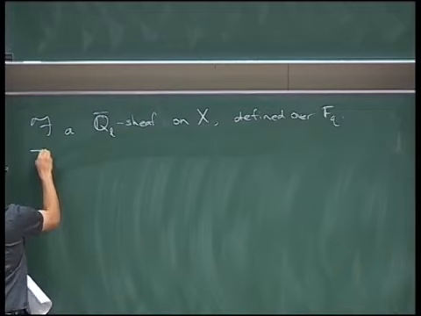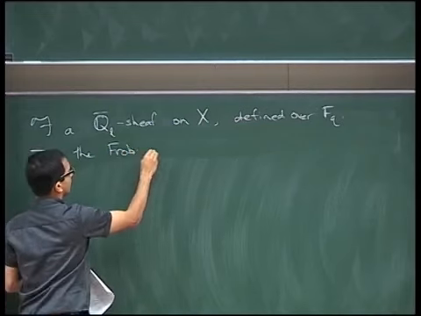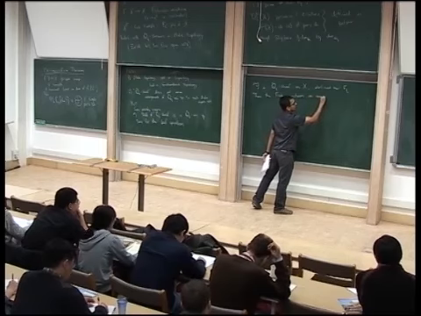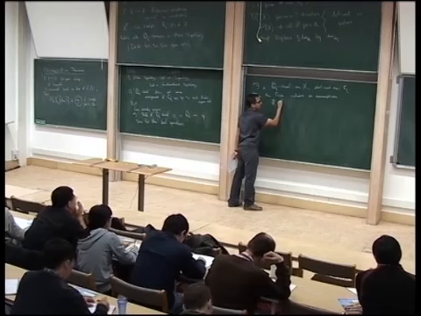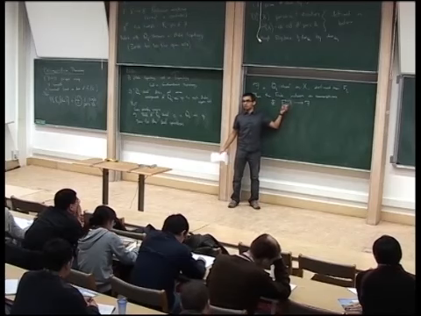Then the Frobenius morphism induces, well, the Frobenius is a morphism from X to X, and script F is a sheaf on X. So you can pull it back along that morphism, and the Frobenius induces an isomorphism, which I'll denote phi, between the original sheaf, script F, and its pullback by the Frobenius.